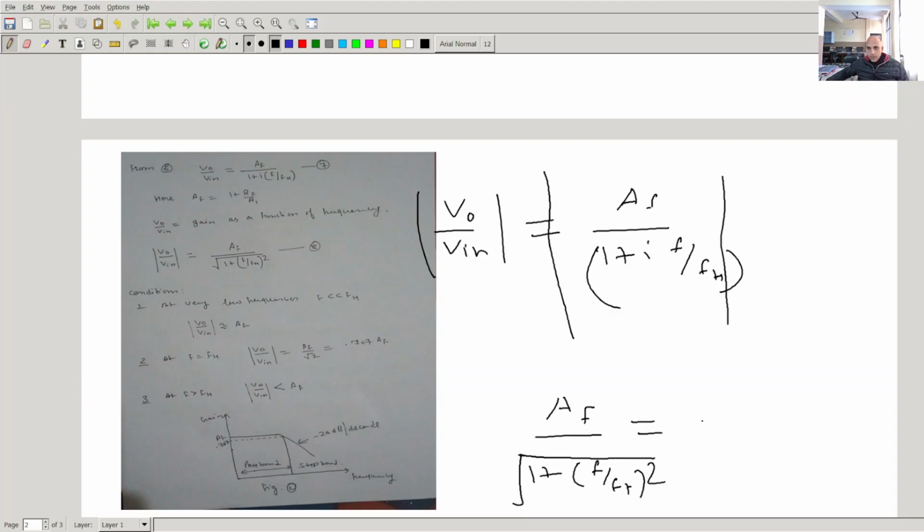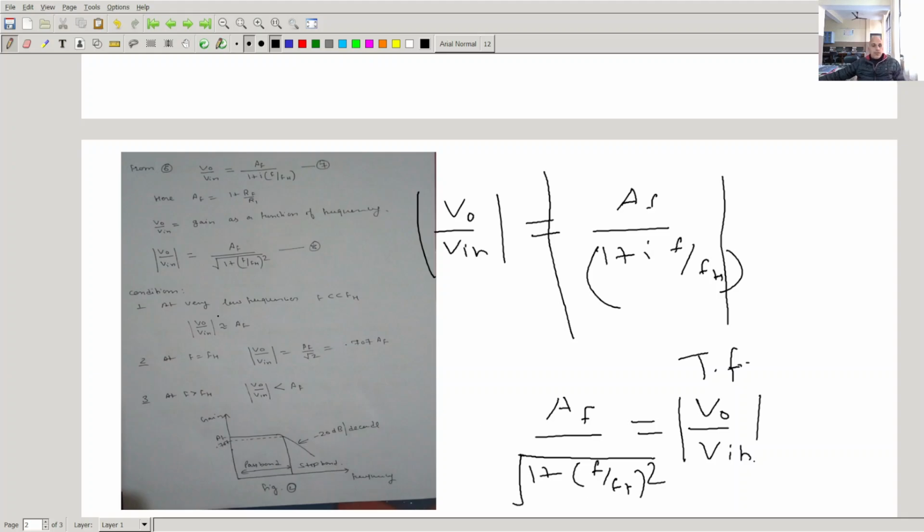Clear? This is what? B output upon B input in a magnitude form. This is the transfer function. Clear? That I have talked about in the beginning of this lecture.